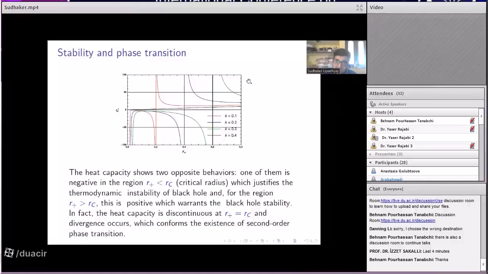The second order phase transition occurs at the point we call the critical radius. Here you see the values of the critical radius. There are multiple phase transitions corresponding to different values of the deviation parameter k. So here, the black hole goes from an unstable to a stable region after this critical radius.